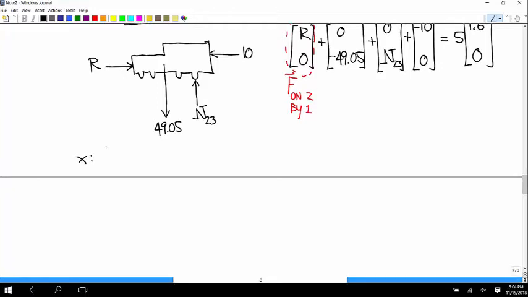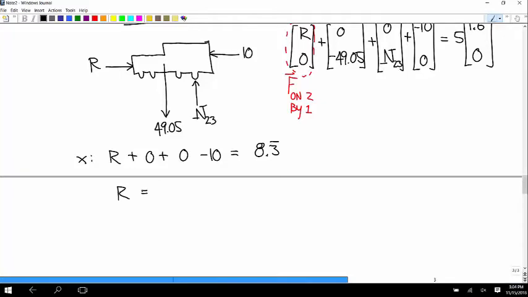So the x equation says R plus 0 minus 10 is equal to 5 times 1.6 repeating, which is 8.3 repeating. And so R is equal to 18.3 repeating.